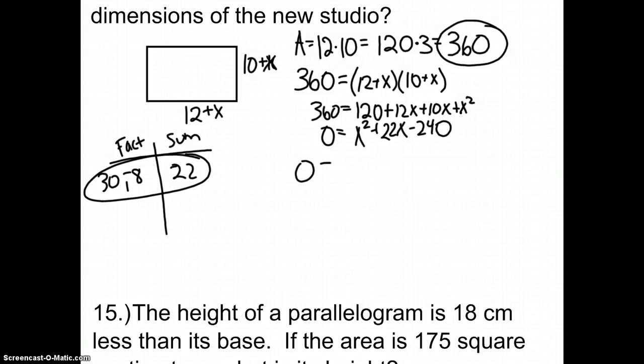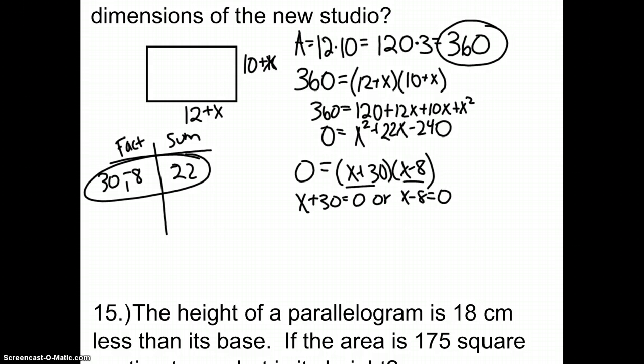So 0 equals x plus 30 times x minus 8. Set each factor equal to 0: x plus 30 equals 0, or x minus 8 equals 0. Solve each for x: x equals negative 30, or x equals 8.